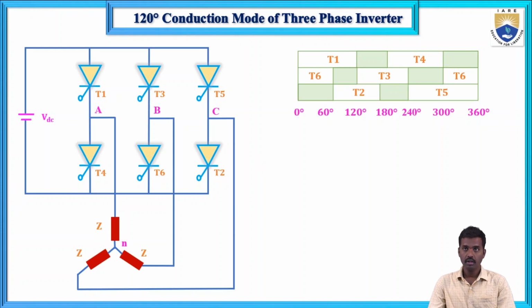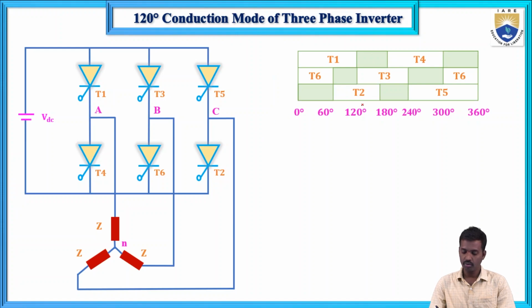Now, in the last assumption, the sixth assumption, at any given time only two thyristors will conduct. So in the 0 to 60 degrees case, T1 and T6 will conduct. T1 is from the upper group and T6 is from the lower group. In the same way, in the 60 to 120 degrees case, T1 and T2 will conduct, T1 from the upper group and T2 from the lower group.